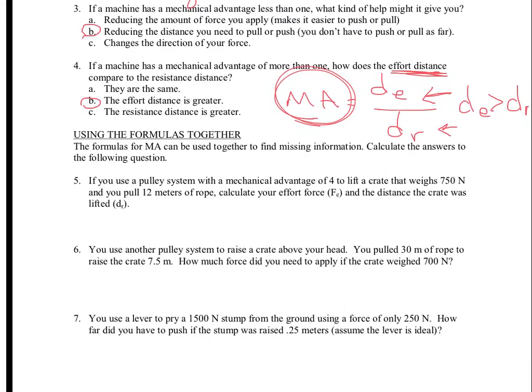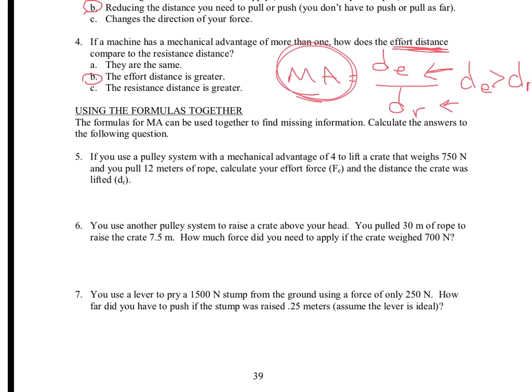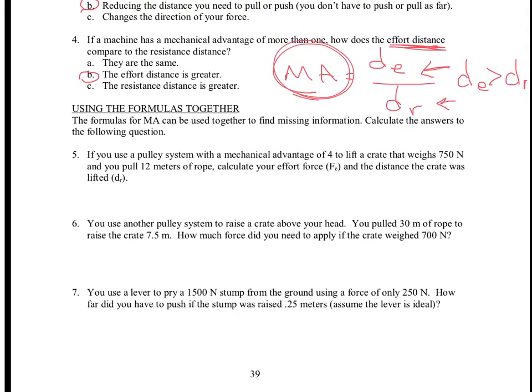Okay, let's look at some of the other problems here. Using the formulas together, we're going to answer these questions. The formulas for MA can be used together to find missing information. Calculate the answers for the following questions. Now, you have to remember in this that you have 2 equations.